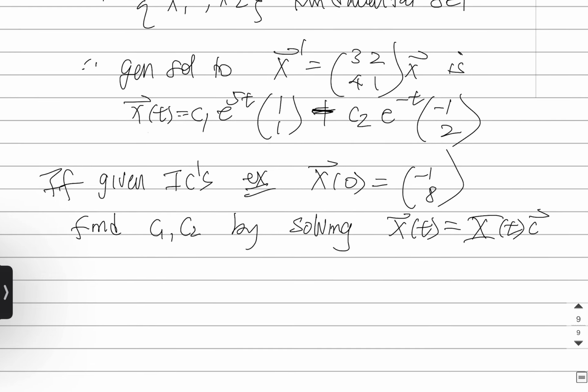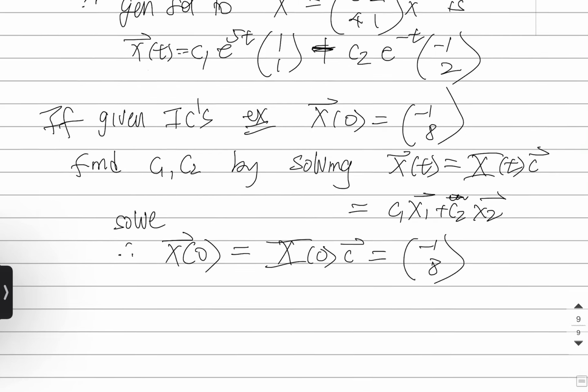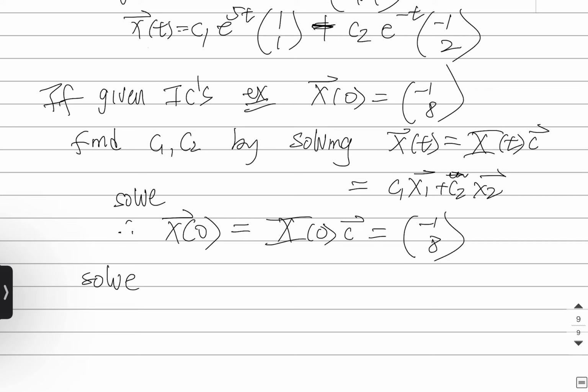And again, this is going to be C1 x1 plus C2 x2. And effectively, what we need to do is solve x of 0, which is this capital X of 0 times c, equal to negative 1 and 8. So we need to solve this system.